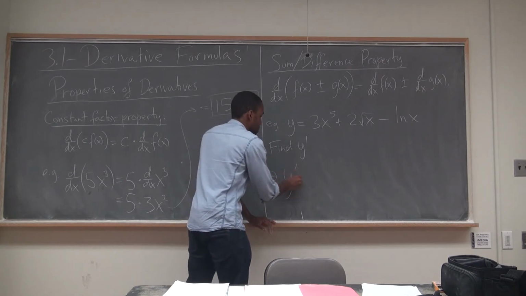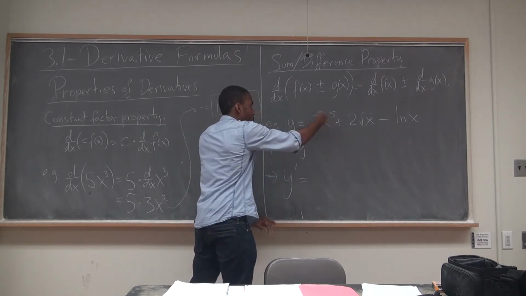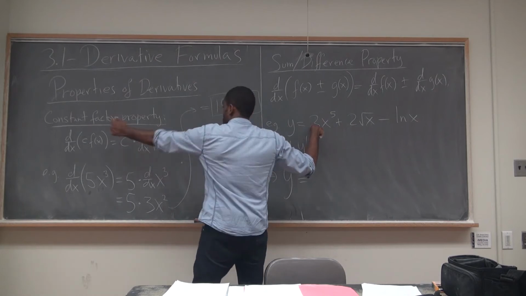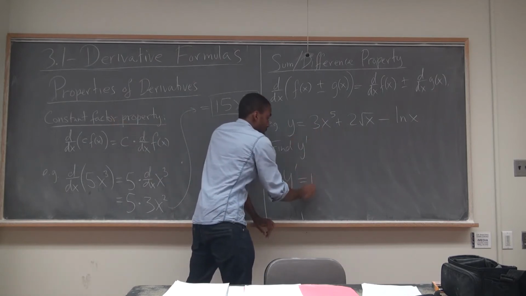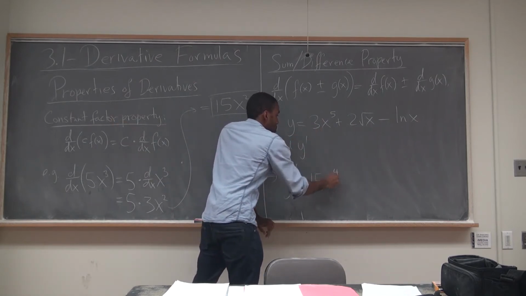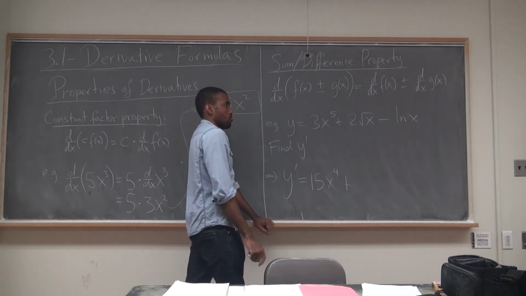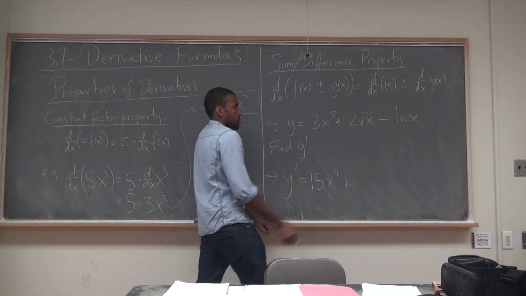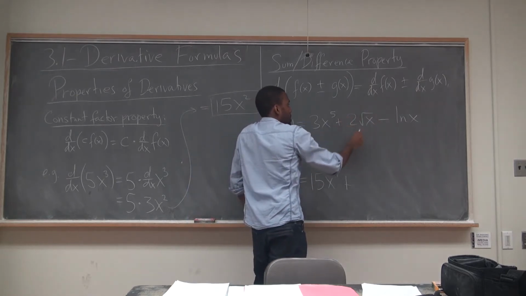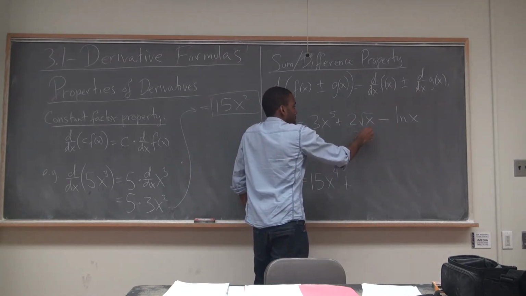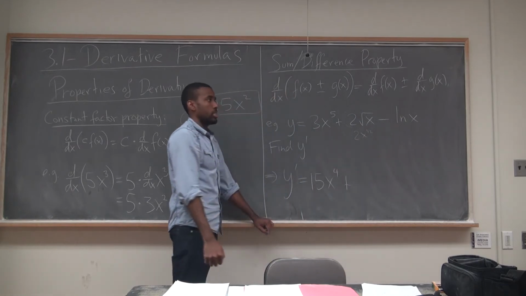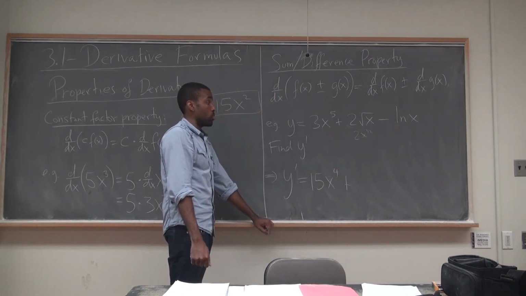So y prime equals power rule, and I apply the constant factor property. So I immediately get 15x to the 4 plus, for 2 radical x, you can even scribble it down just to make sure you can see it, I'd rewrite that as 2 times x to the 1/2.